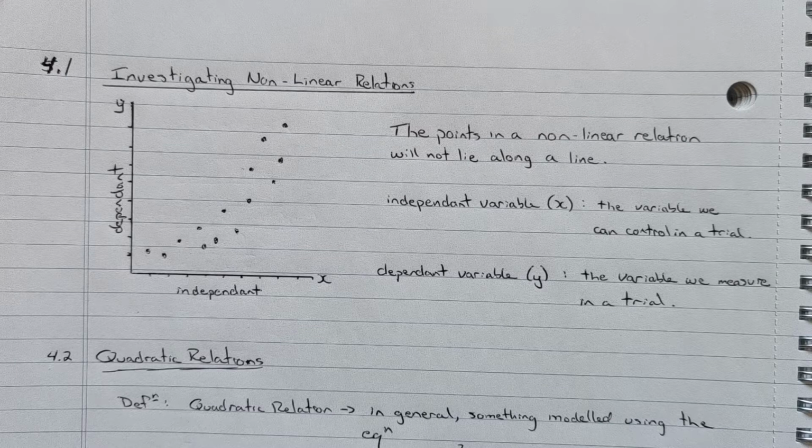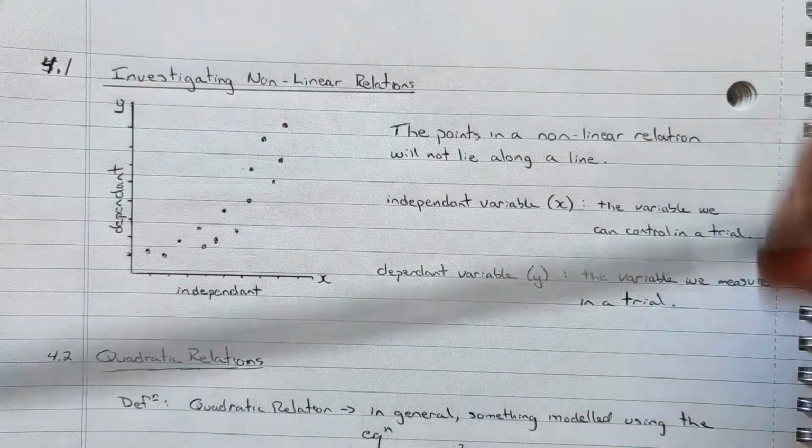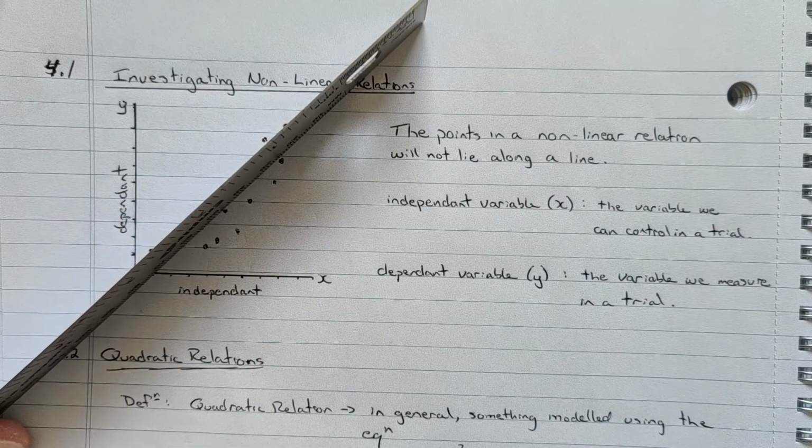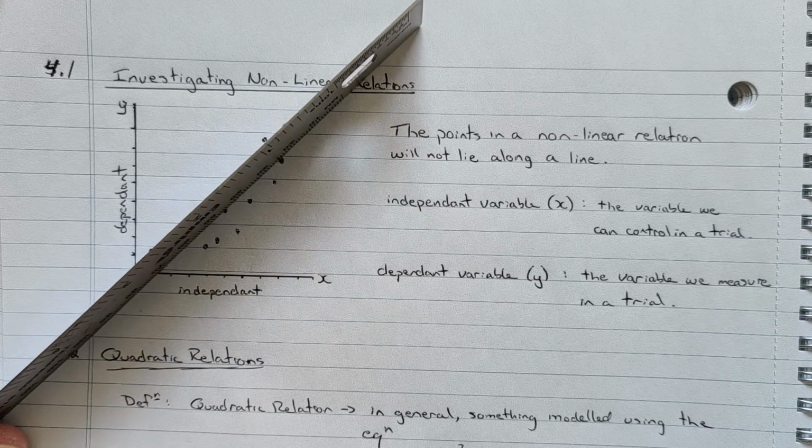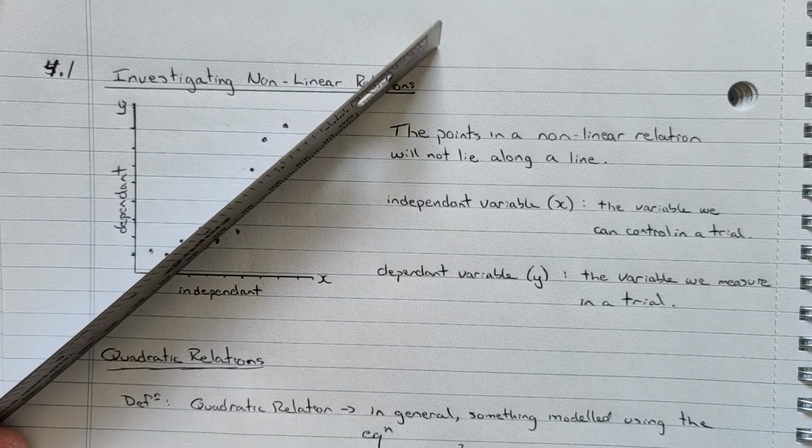So if you have an independent variable and a dependent variable, when we put those onto a scatter plot or graph those, what we find is that a line of best fit isn't the best option. So if I take my ruler here and put this in here, the line of best fit doesn't quite hit a lot of points.